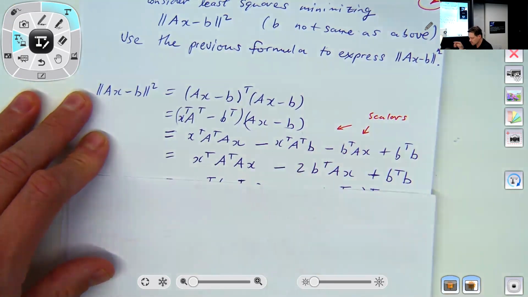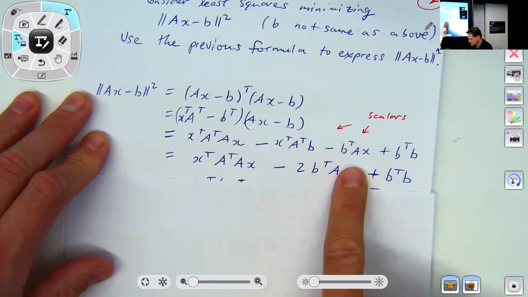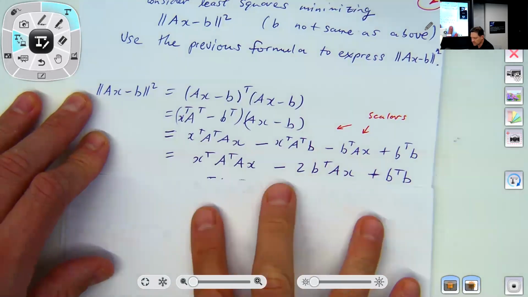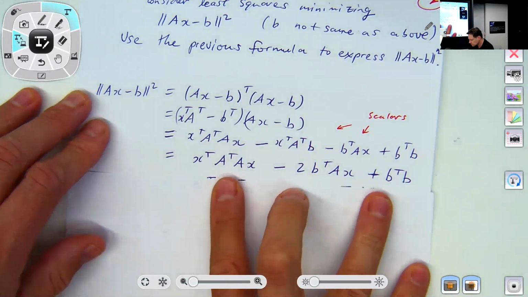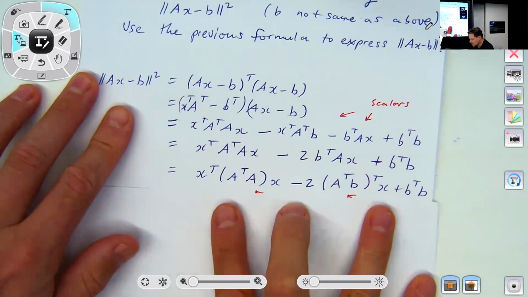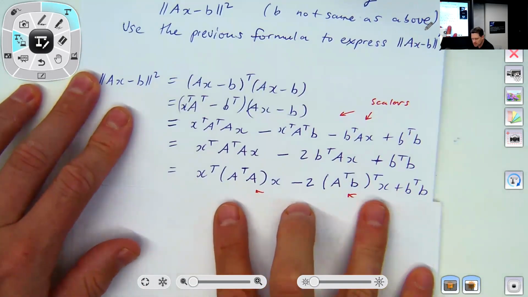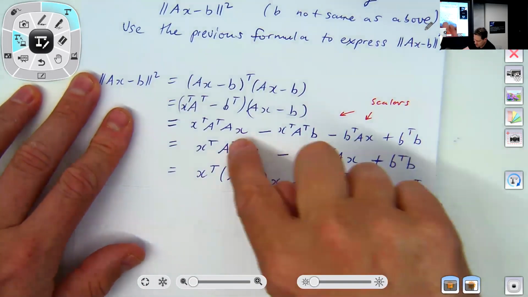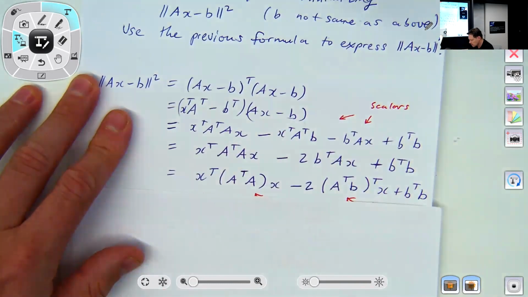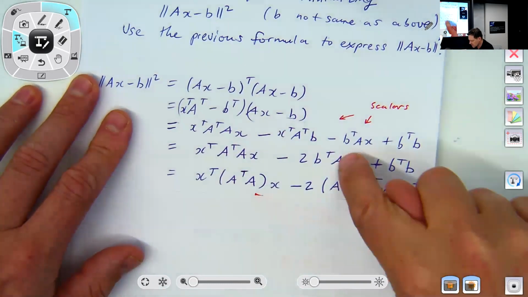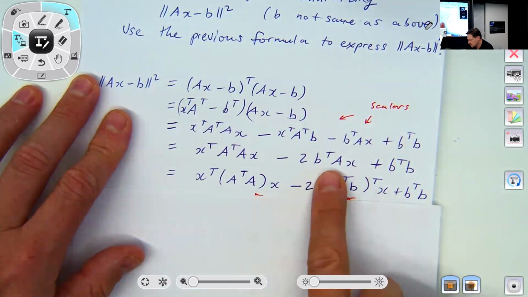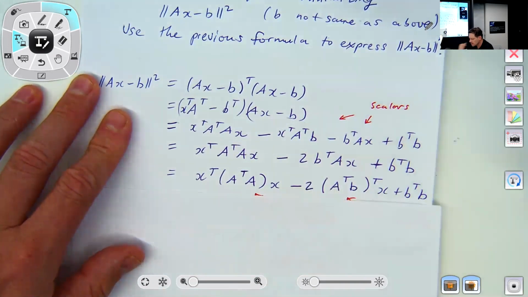So we've got two of these subtracting, and now we have three terms. Continuing, we put brackets around the A transpose A, and this one right here, which is A B transpose transposed.